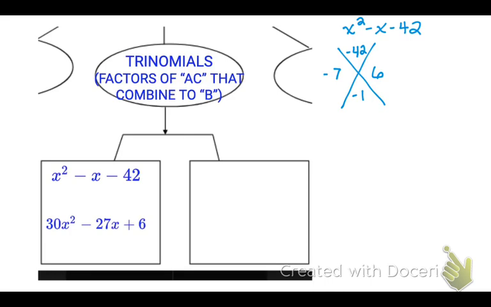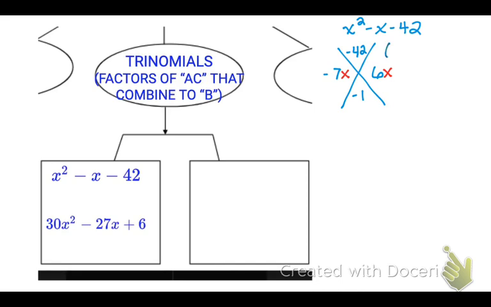So now I have my two factors that are adding together to give me that middle term. So again, we want to think about this as taking that middle term and breaking it apart into those two x values.